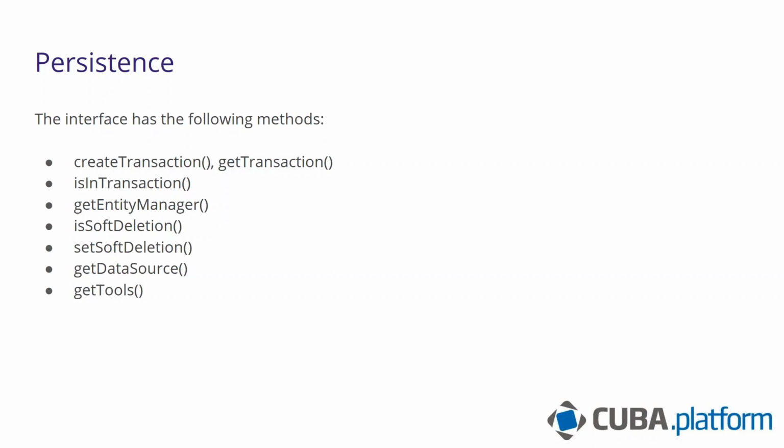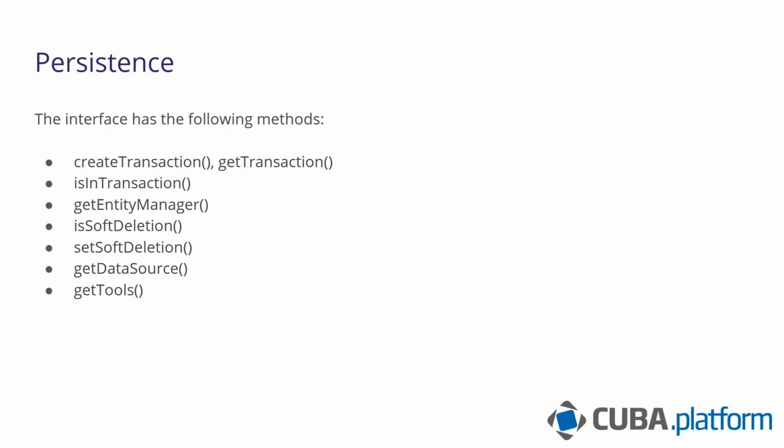On middleware, we use the Persistence interface, which is an infrastructure interface of Cuba Platform, serving as an entry point to data storage functionality. The interface has the following methods. It can create transactions or get current transaction. Also, we have the main method, getEntityManager. It returns the EntityManager instance bound to the current transaction.